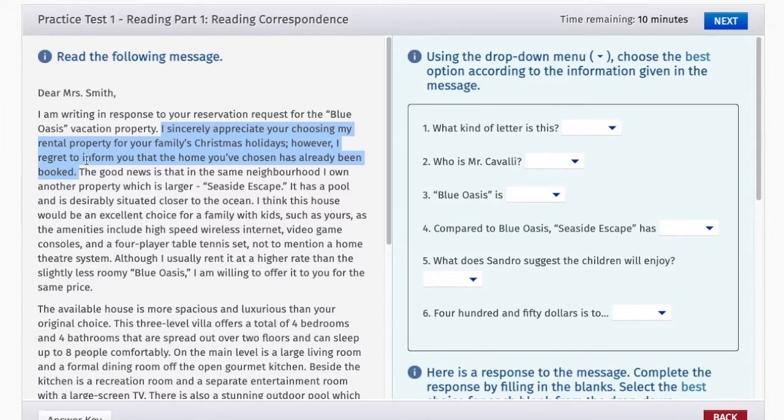And here it says something about Christmas holidays and rebooking, or you booked. So again, while you read this sentence here, we should try to get the idea, not what is regret. If you start to think about what is regret, you're wasting time. This is what it's trying to tell us here.